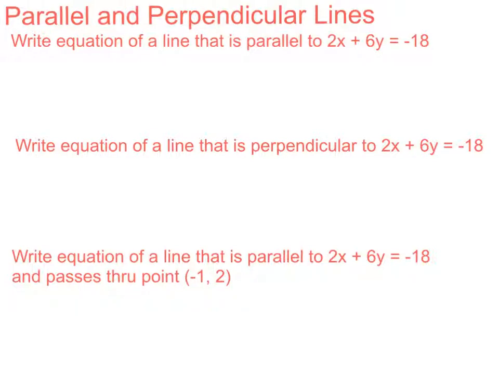The second part of this question says write an equation of a line that's perpendicular to 2x plus 6y equals negative 18. The last question says write the equation of a line that is parallel to 2x plus 6y equals negative 18 and passes through the point (-1, 2).